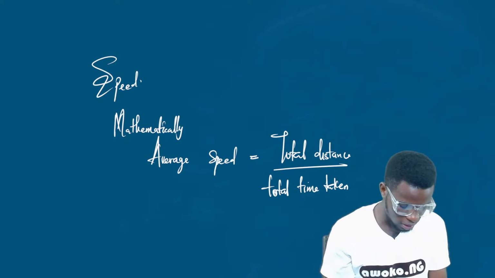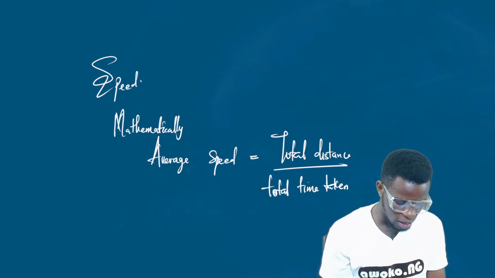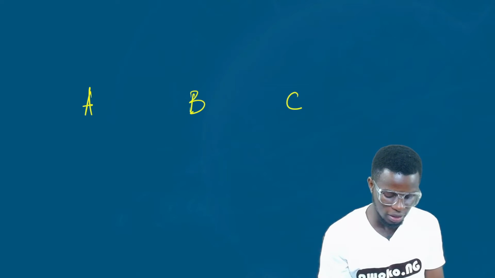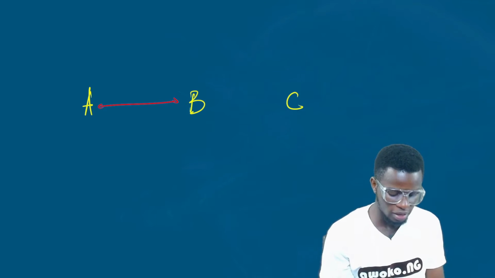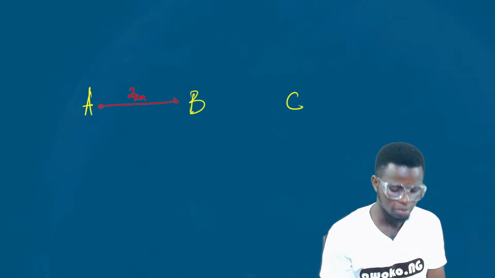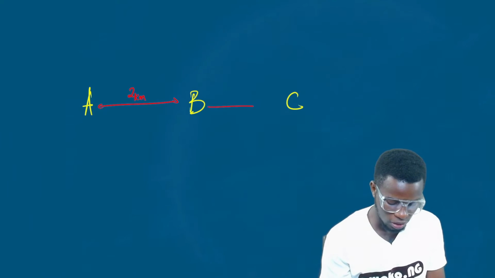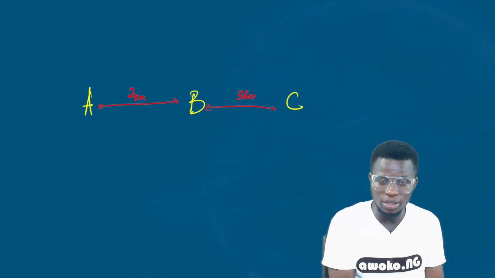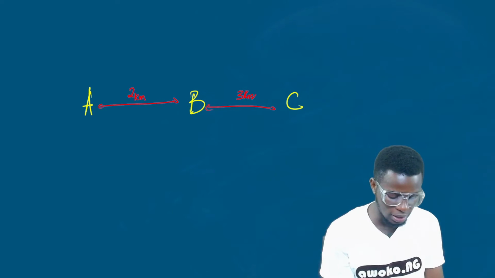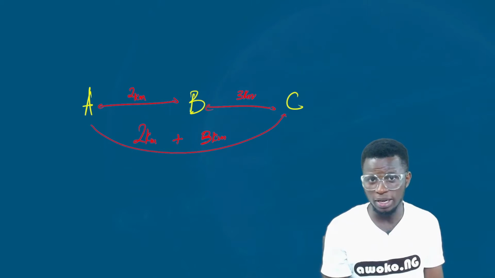For instance, a car moved from point A to point B and from point B to point C. The distance from point A to point B is 2 kilometers, and from point B to point C it covers a distance of, let's say, 3 kilometers. The total distance from point A to point C is going to be 2 kilometers plus 3 kilometers. Am I correct? Yes, of course I am.